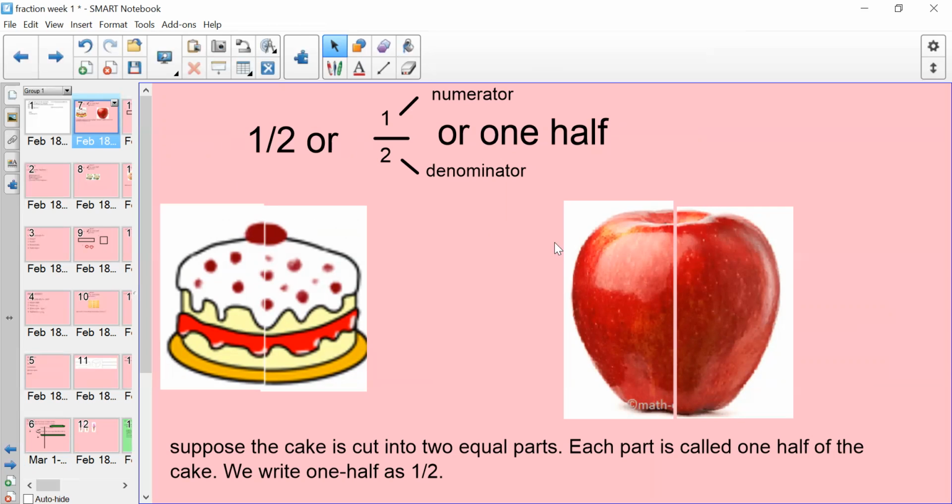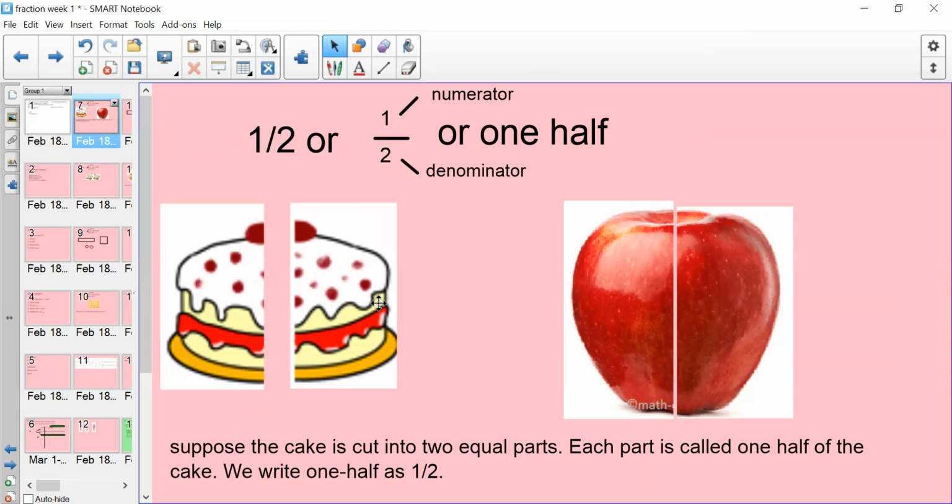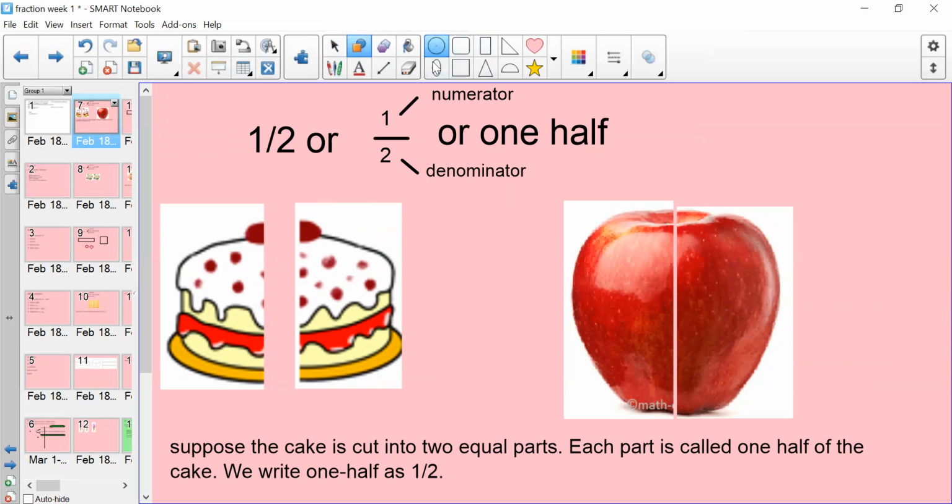Okay, so the whole would be this whole cake. We've got the whole cake and we've got the whole apple. So if we're going to split this cake into two parts, then one of these parts would be 1/2.